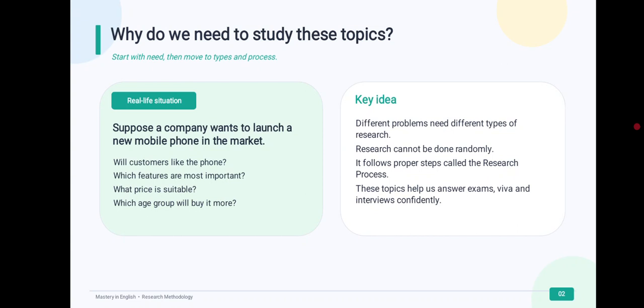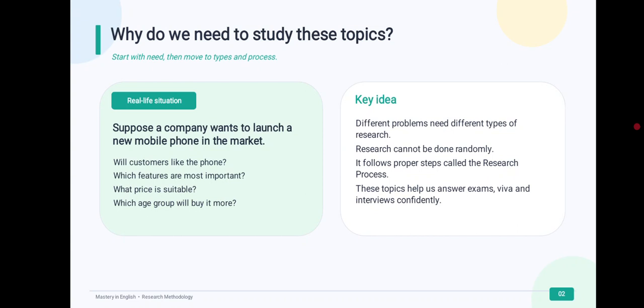Second question: which features are most important? Third question: what price is suitable? Fourth question: what color do customers prefer? Maybe red, maybe silver, maybe navy blue. So they want to know the preference of the customer. And the next question is: which age group will buy it more?